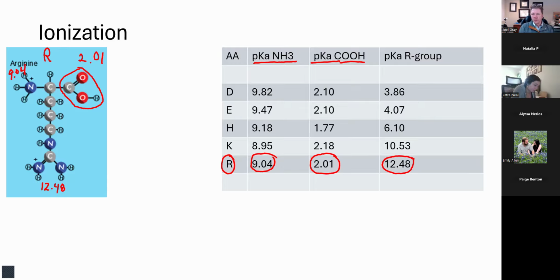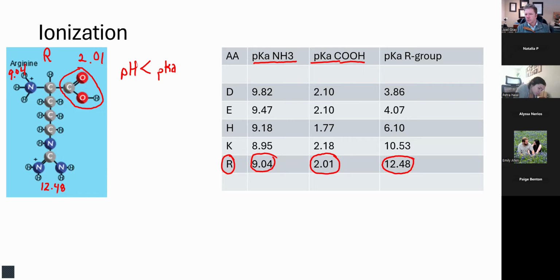Therefore, the environment that this molecule is in has to be acidic. The pH, just as Michael added, must be: pH is less than pKa.